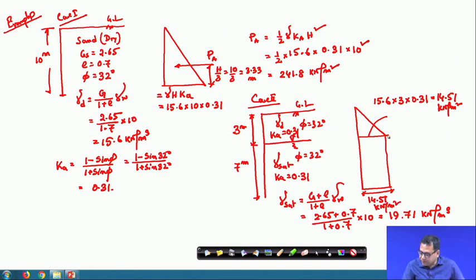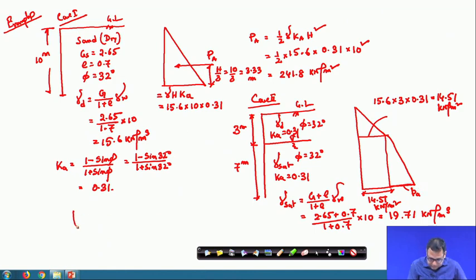Now, I will calculate the stress for the soil.